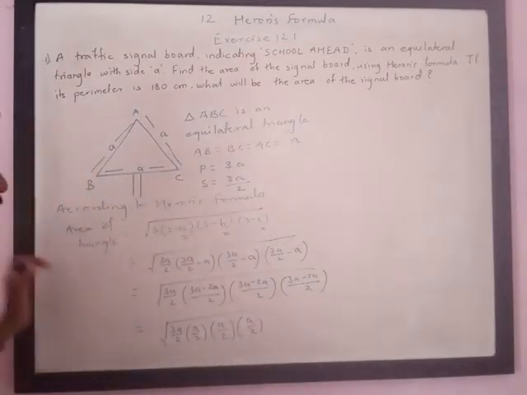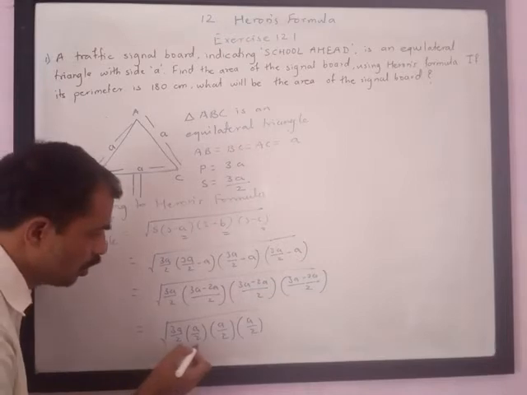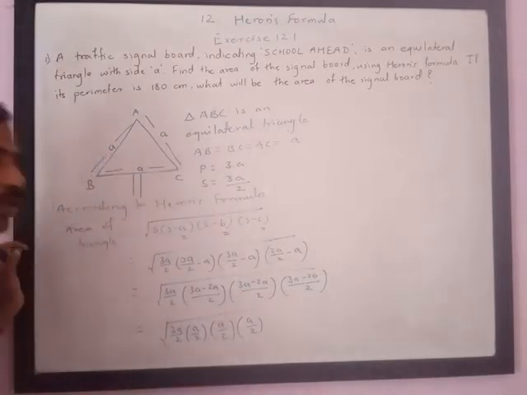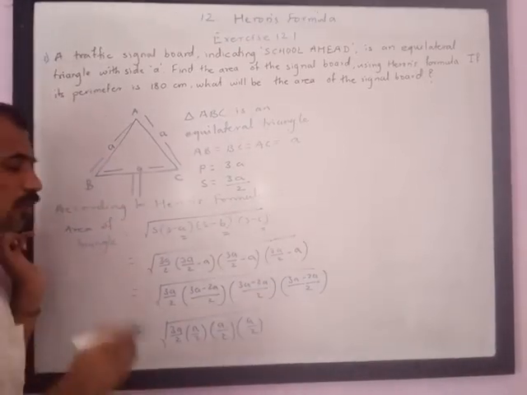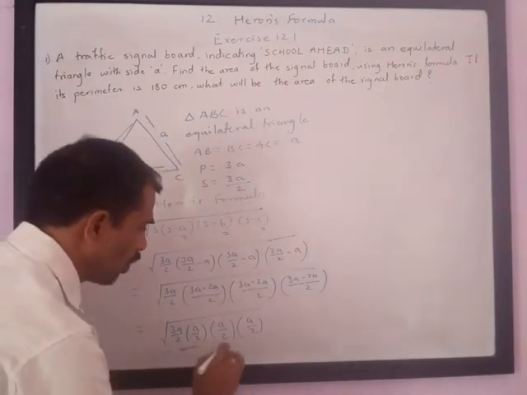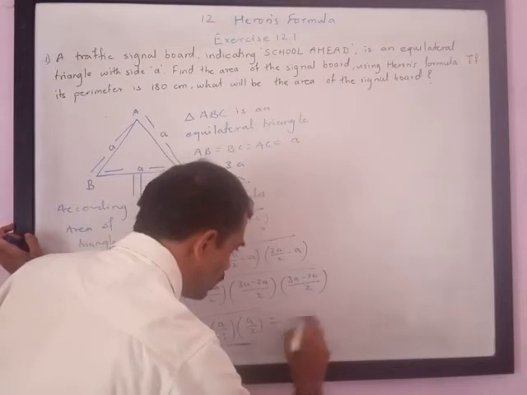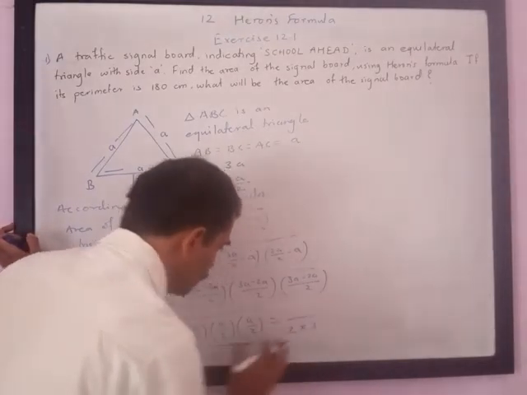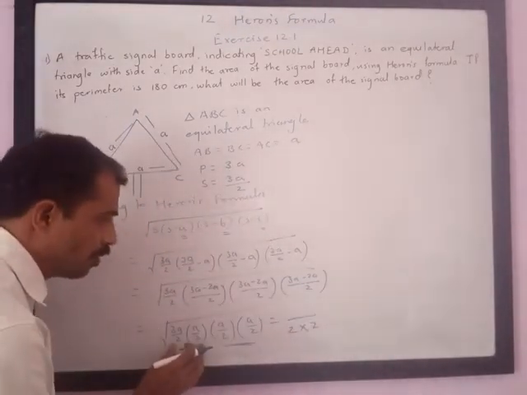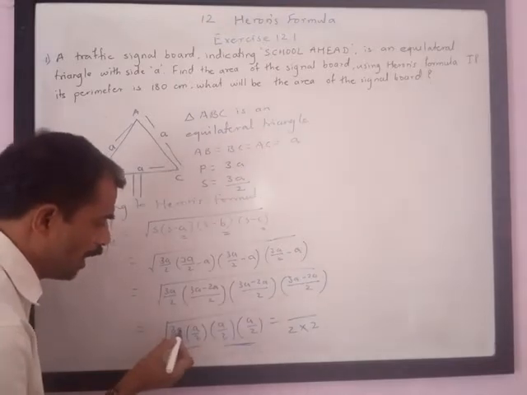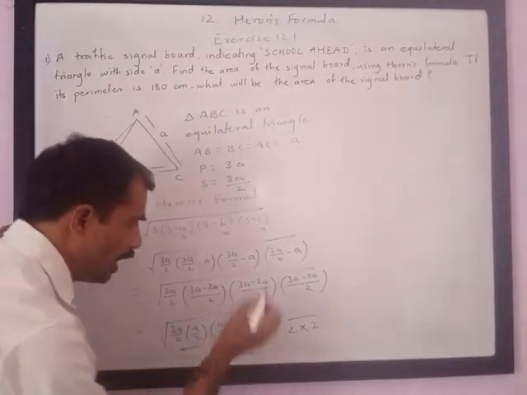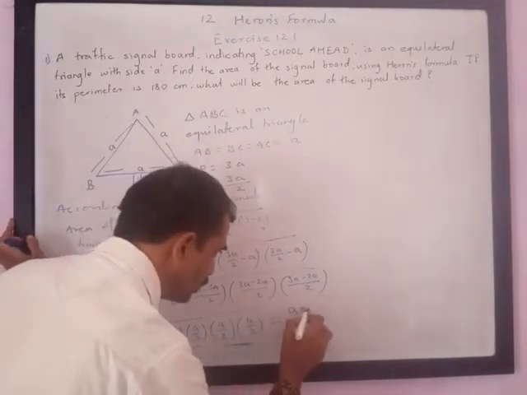Now please note, the denominators are 2 into 2 into 2 into 2. 4 twos are there, so 2 twos will come out from the root, and we will get 2 into 2 outside. Then here there are 4 A's, so A squared will come outside.